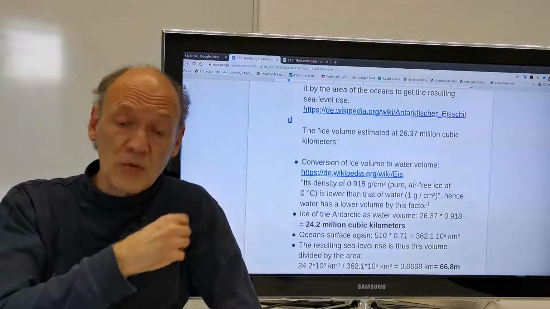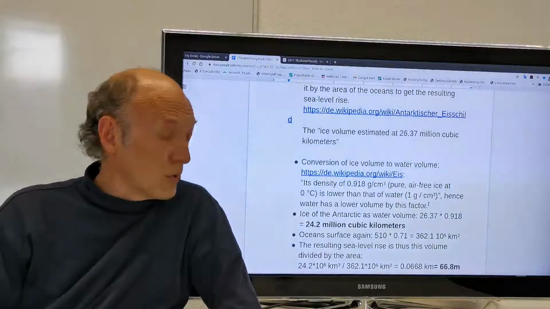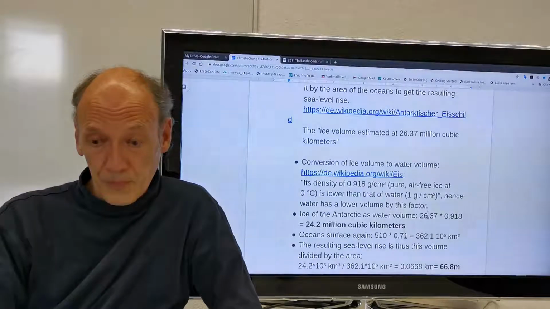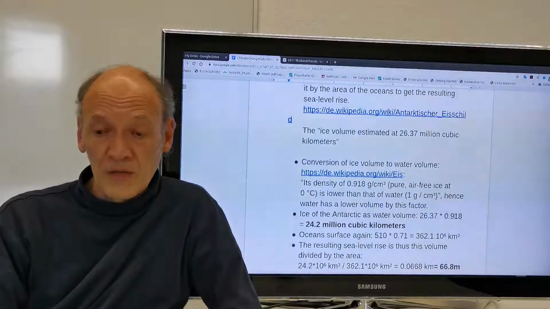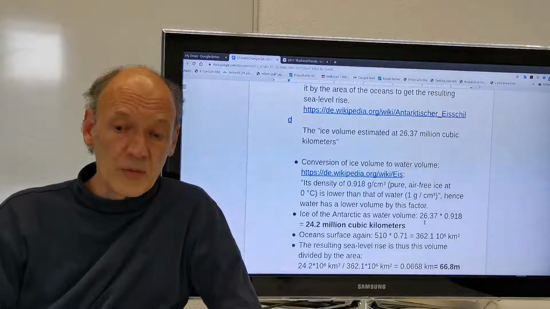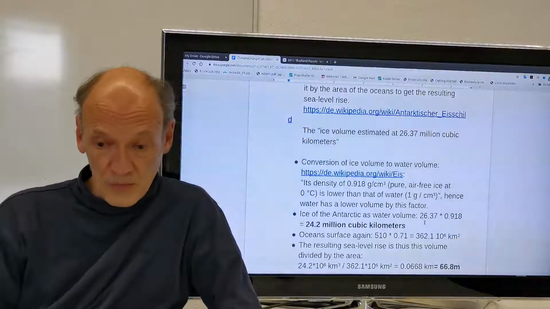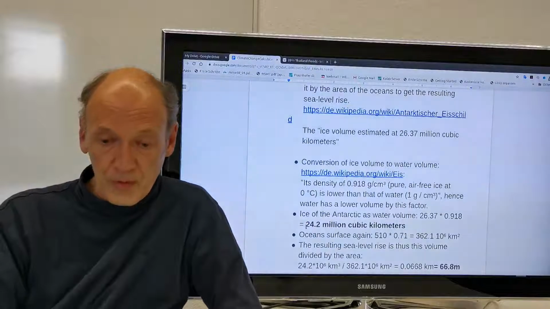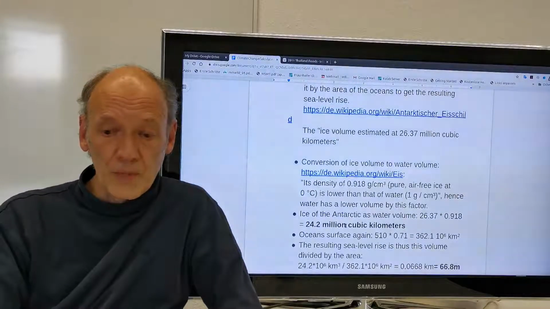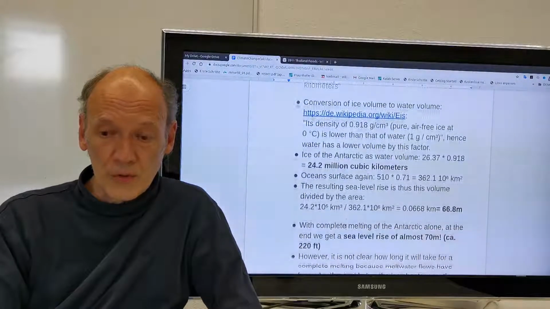So we have this factor of 0.91 between ice and water. We can now just multiply this factor with our 26 million cubic kilometers to get the cubic kilometers of water. And then we get 24 million cubic kilometers of water.